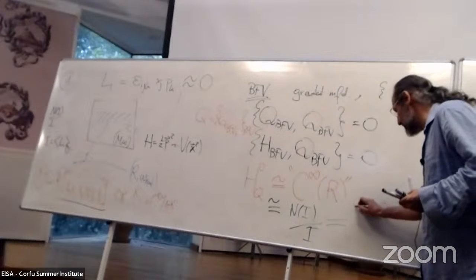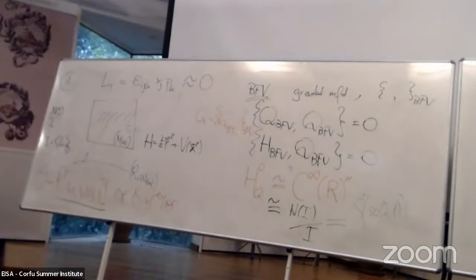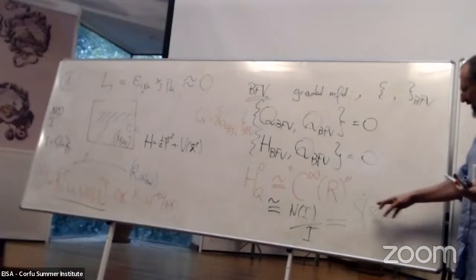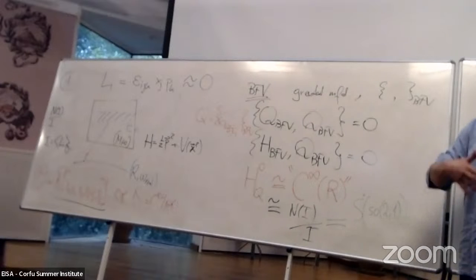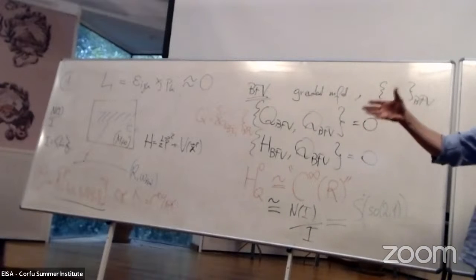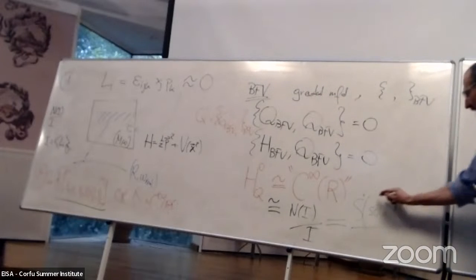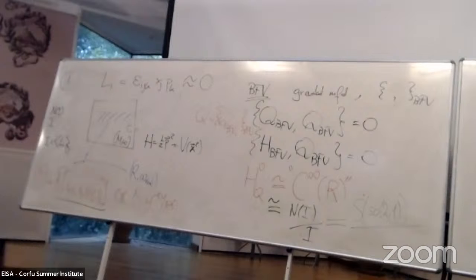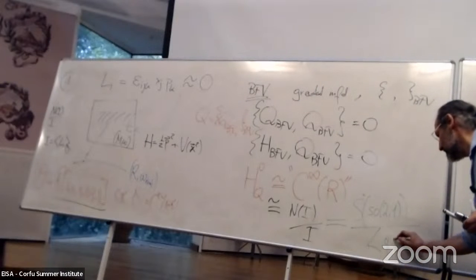Polynomials I can describe as symmetric powers of so(2,1). so(2,1) star is a Poisson manifold, so there's a bracket, but you can also just think of it as the Lie bracket, and you extend the Lie bracket to polynomials by the Leibniz rule. That would be a three-dimensional space, so that's not what it should be. It should be two-dimensional. So we need to quotient by the ideal generated by the quadratic Casimir.